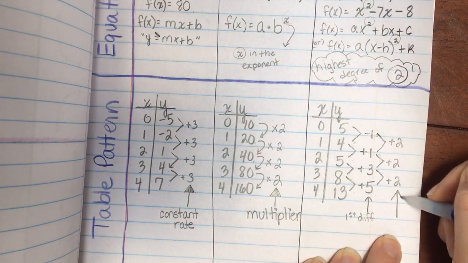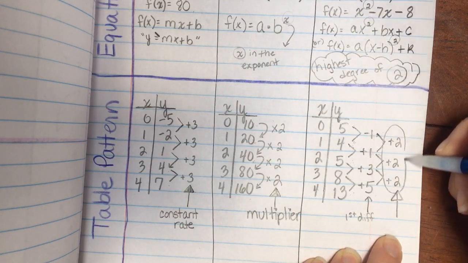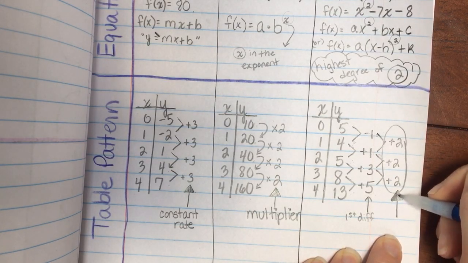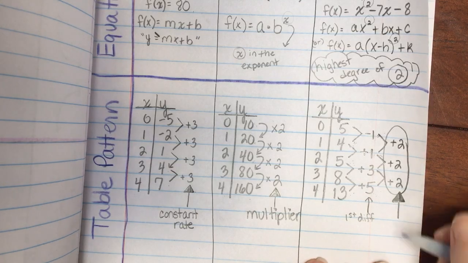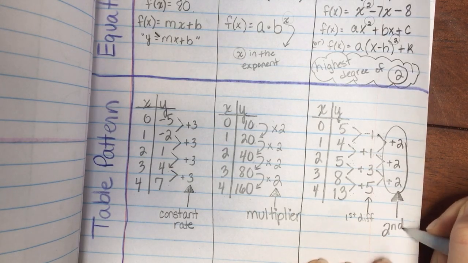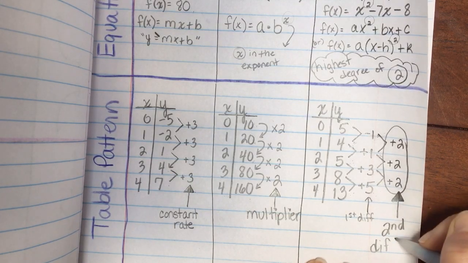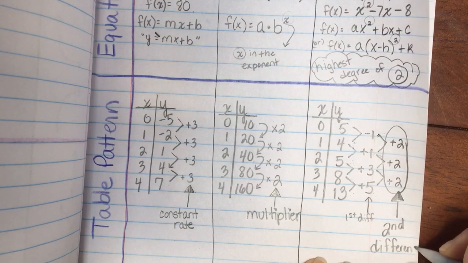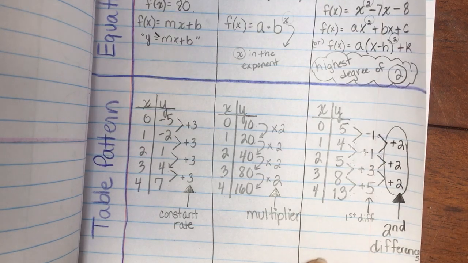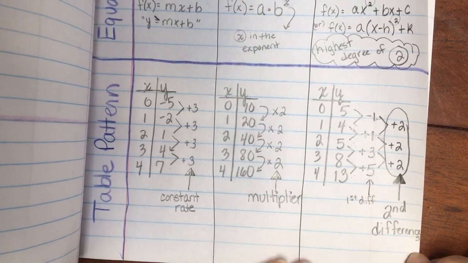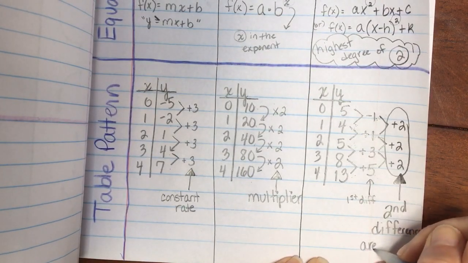These, for your quadratics, circle them, make a cute arrow. These are called second differences. Yeah. Your second differences are constant.